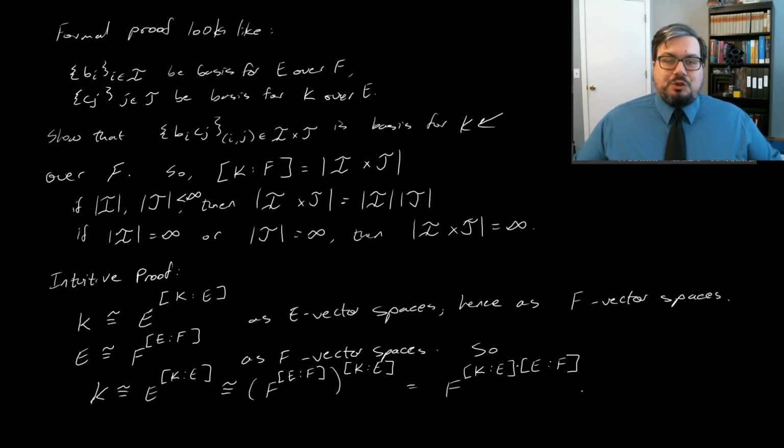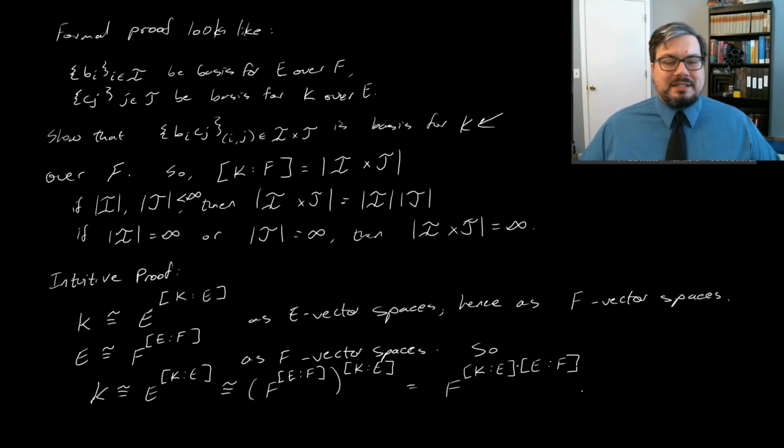Now, this is only an intuitive proof, not rigorous, because we're using rules of exponents on vector spaces that need some justification. They are true, and it turns out that at least as long as all the numbers involved are finite, all these isomorphisms that we've written down are correct, but we do need some additional justification to make everything perfectly rigorous here.